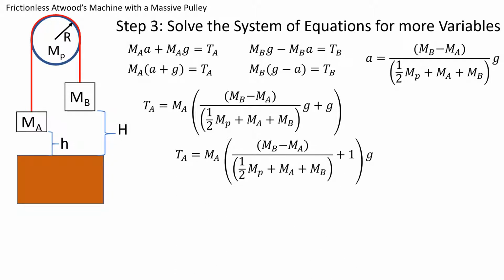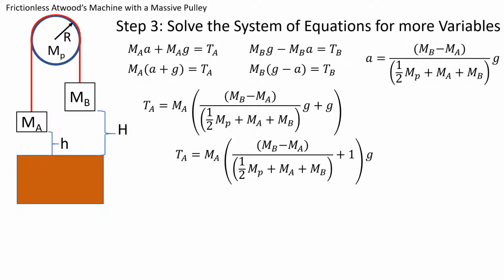We can factor that out, and we arrive at our final equation for TA, the tension in rope A, where TA equals MA times this quantity MB minus MA over 1/2 MP plus MA plus MB, all plus 1, times G. So again, we can check the dimensionality of this, which means the units that it would have if we were to put in the numbers, and tension is supposed to be a force.